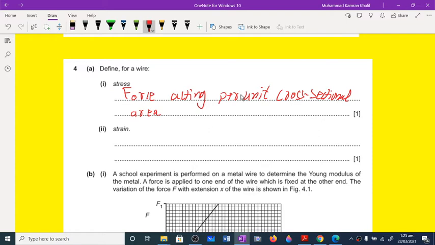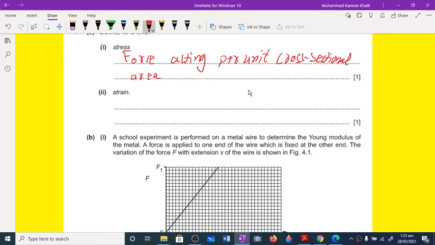Similarly for strain, the correct definition is the ratio of extension to the original length.